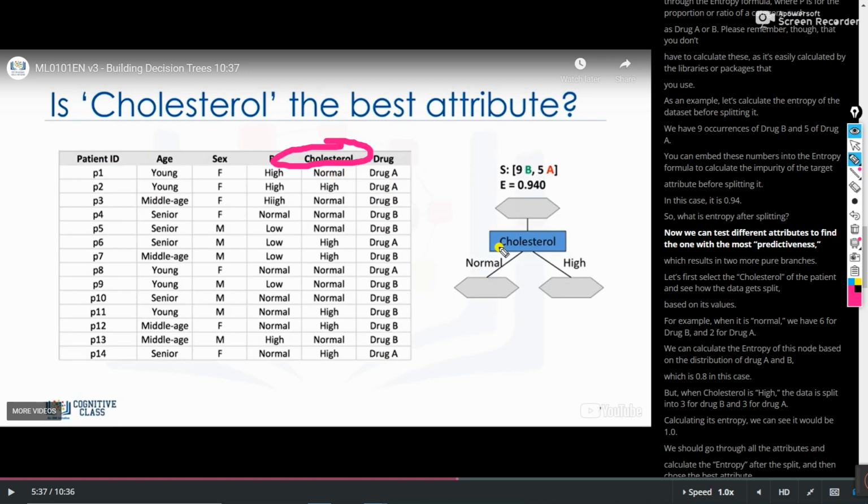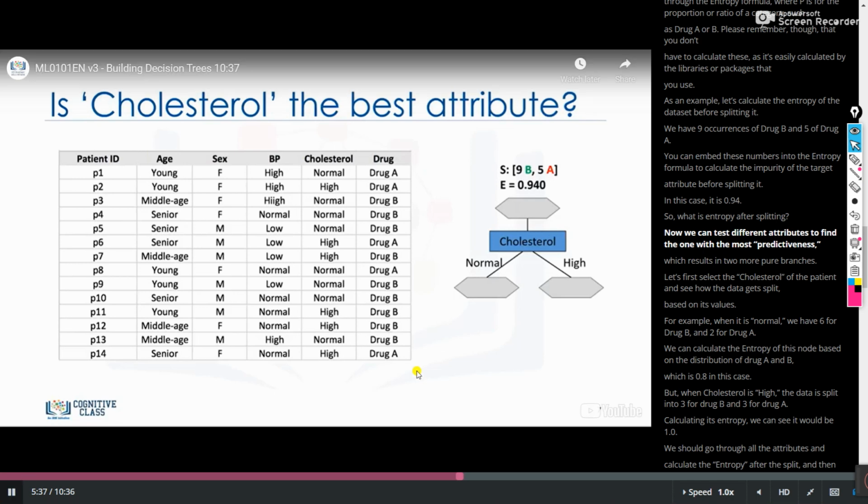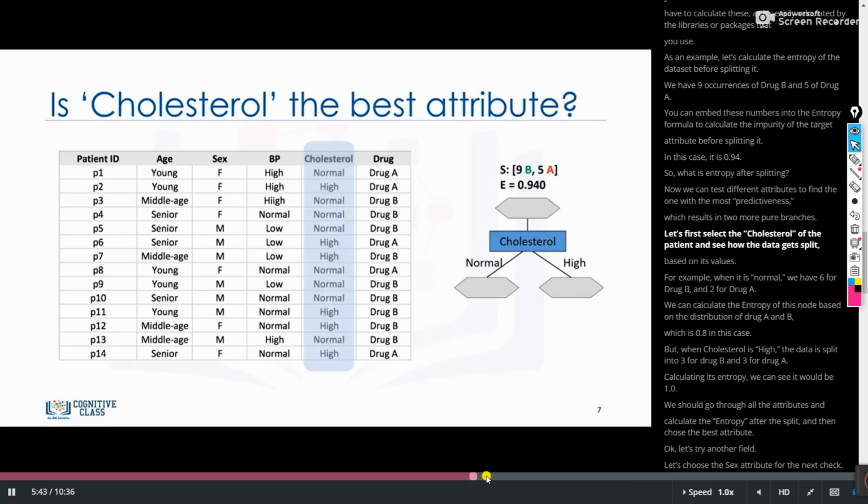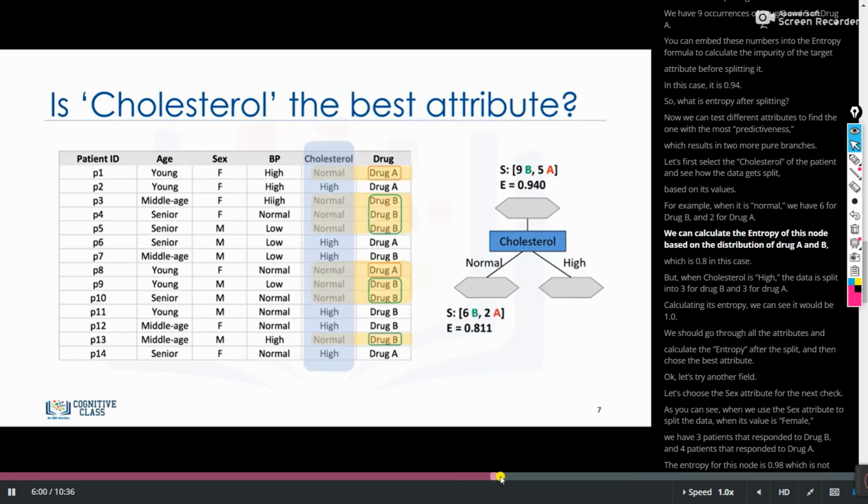If it is cholesterol, it will have two children only, normal and high, because only two categories are there when we choose cholesterol. Out of these two, the entropy will be calculated again.